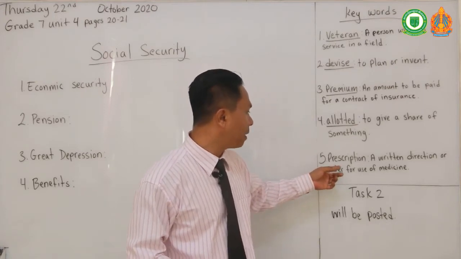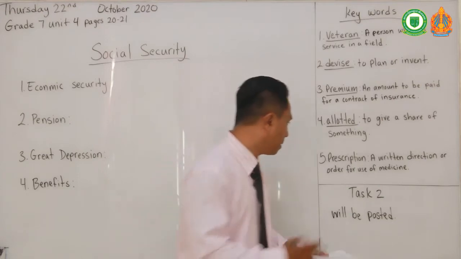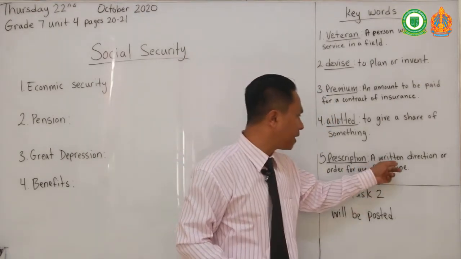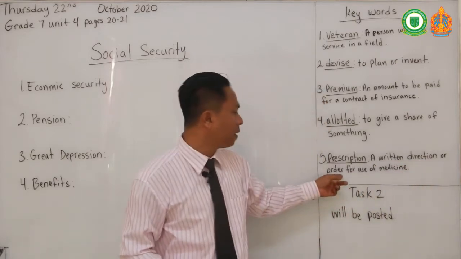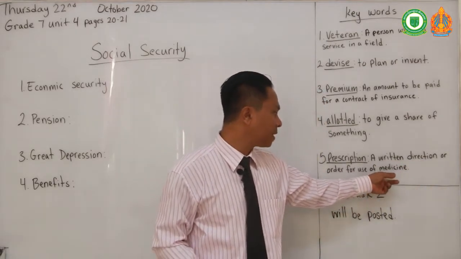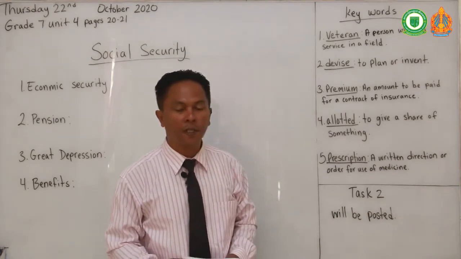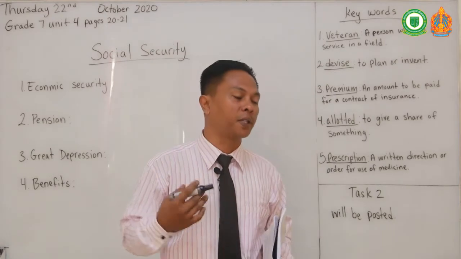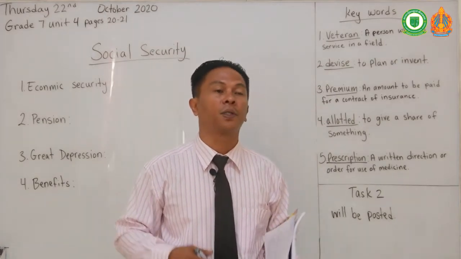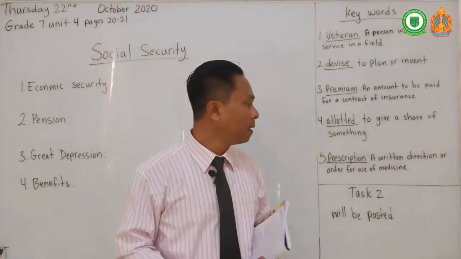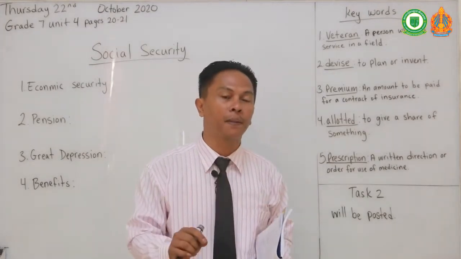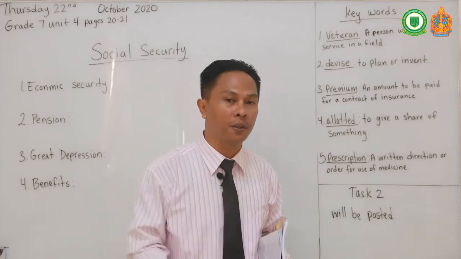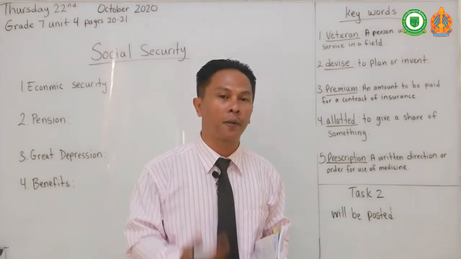Number 5, prescription. A prescription is a written direction or order for the use of medicine. For example, if you go to a doctor and the doctor prescribes you medicine, when he writes on a piece of paper what medicine you need and how to use it, that is called a prescription.